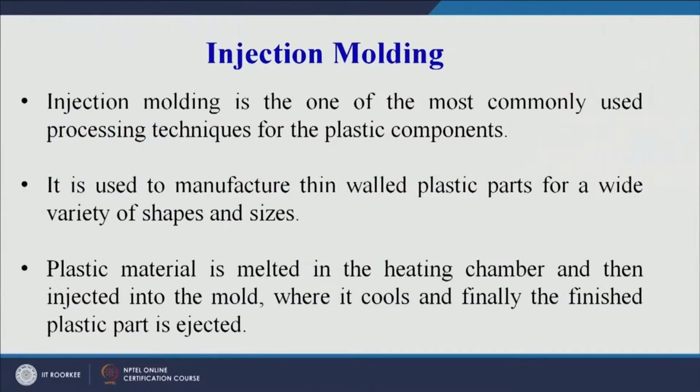Plastic material is melted in the heating chamber and then injected into the mold, where it cools and finally the finished plastic part is ejected. Now again the fundamental 3 steps are coming into picture: the heating, molding or forming, and then cooling. So here you can see plastic material is melted in the heating chamber, so the heating part is coming.